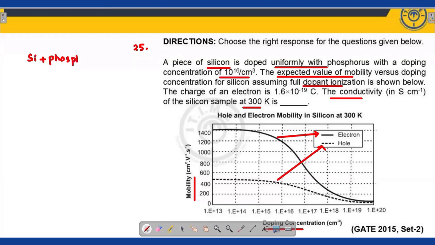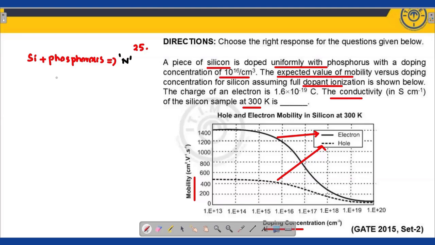So what type of semiconductor does it form? Silicon doped with phosphorus forms an N type semiconductor. So from this question, we conclude that it becomes an N type semiconductor.